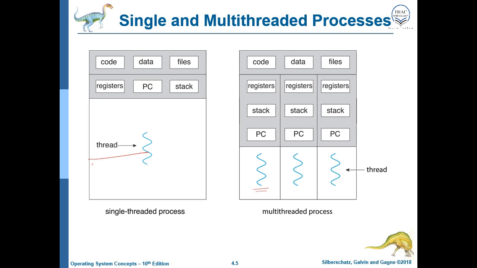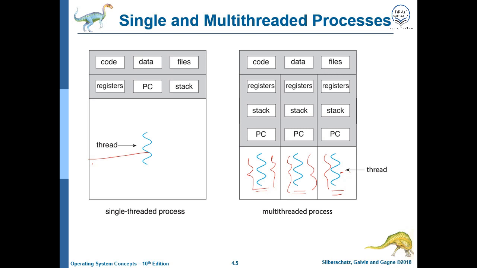See, this is another thread and this belongs to a different process. This is another thread, this belongs to a different process. But even though there are three different threads, they are using the resources assigned to a process. We can have more threads here, and here, and so on.